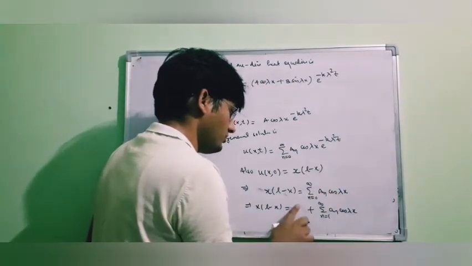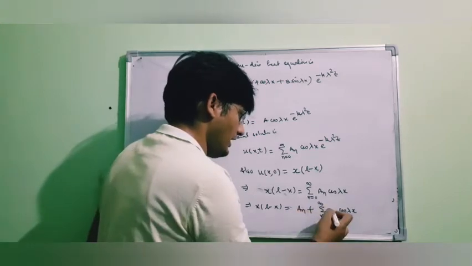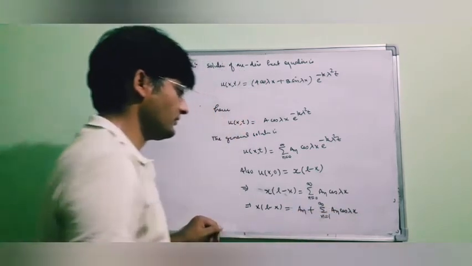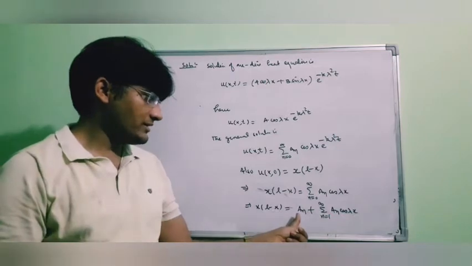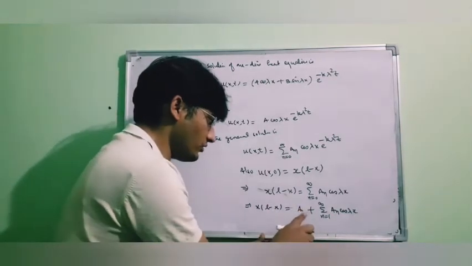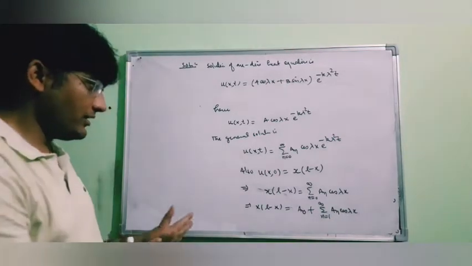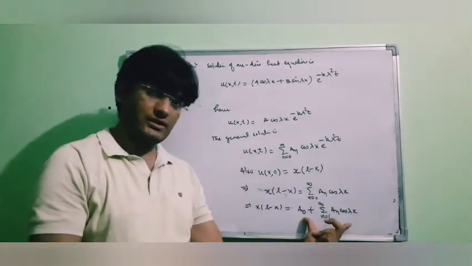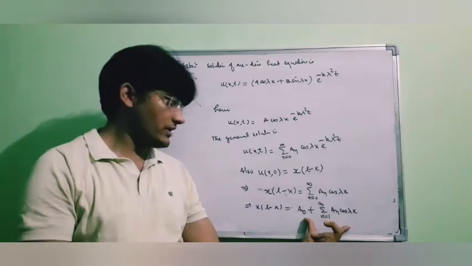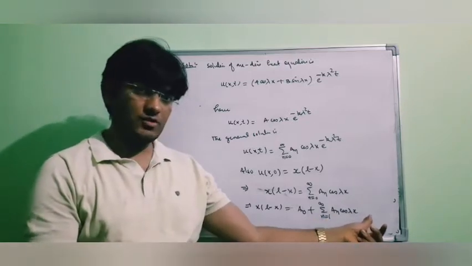So your x into L minus x is equal to capital A naught plus summation n equal to 1 to infinity of A n cos lambda x. Now here you can see that the right hand side is a half range cosine series because there is no term of sine.